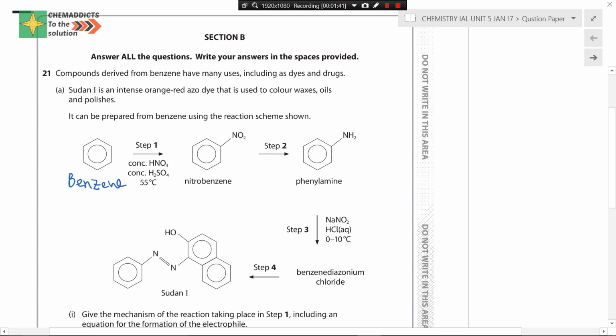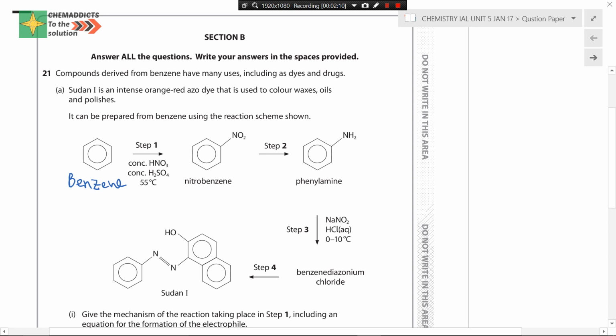So in the first part of the reaction scheme we want to make nitrobenzene from benzene. For that the conditions are concentrated nitric acid, concentrated sulfuric acid, and a temperature of 55 degrees Celsius.